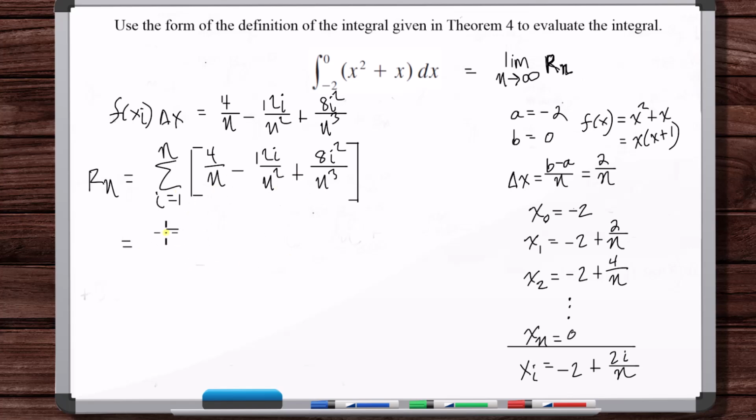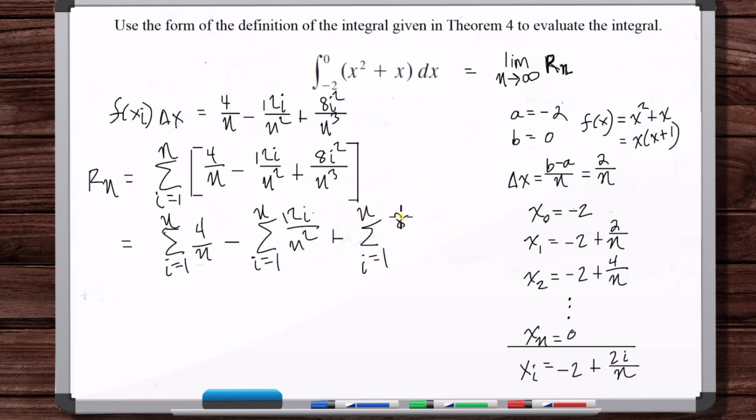Now we can take out factors that aren't a function of i.